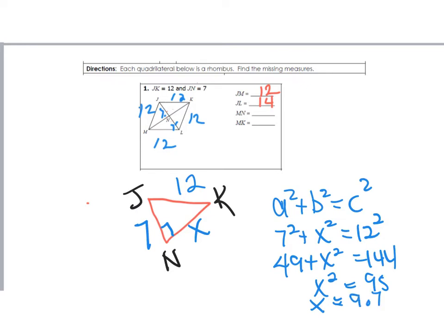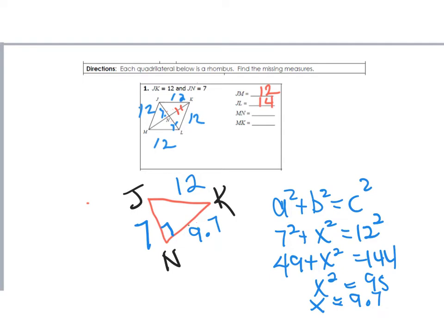All right? So I'm going to erase this right here and put in that this is 9.7. So that's what N to K is. And if N to K is 9.7, guess what?